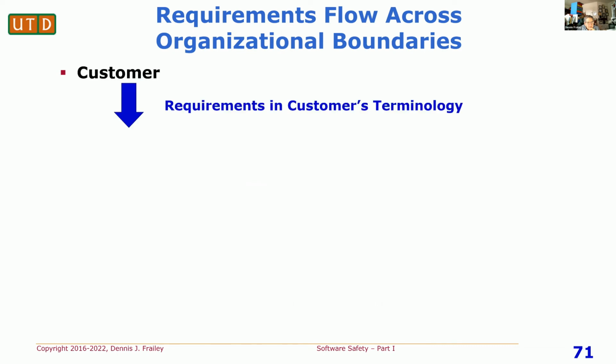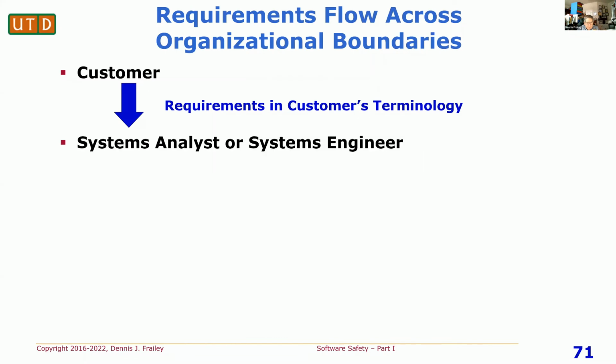Okay, let's look at how that happens. Customer says something, here's what I want. They speak in their own terminology. It goes to a system analyst or a system engineer, who is supposed to understand the customer's requirements. They define requirements for the next level down in terms of the way a systems engineer communicates things, so it's somewhat different terminology.